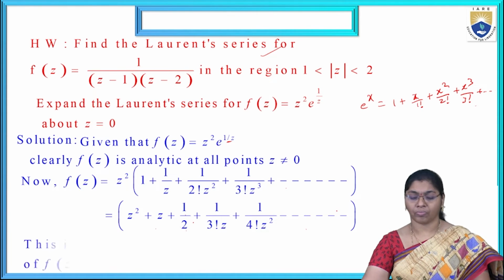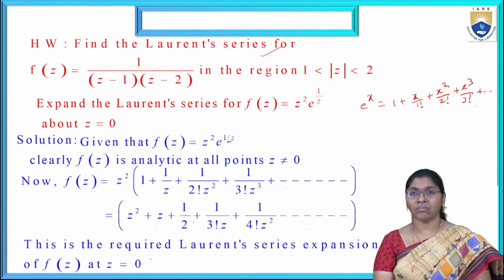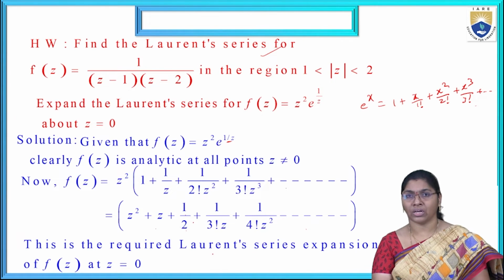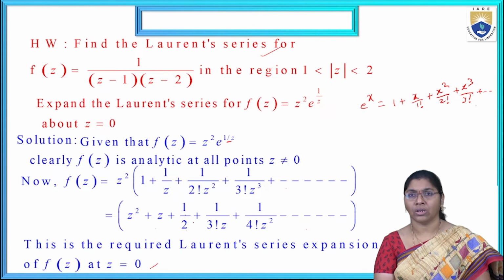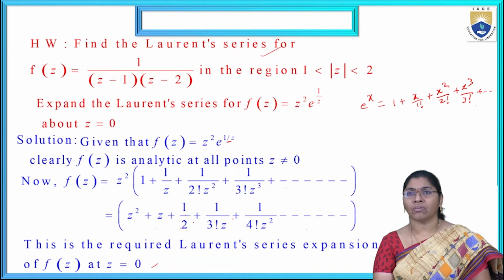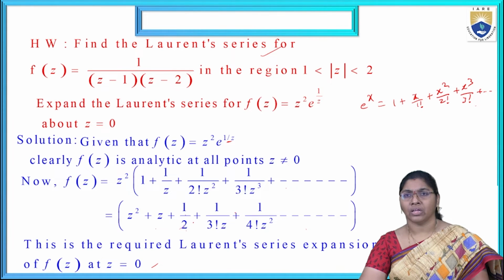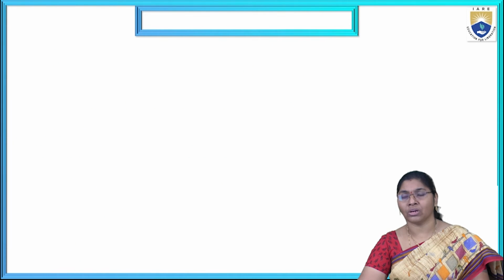Continuing this process, this is the required Laurent series expansion of f of z at z equal to 0. If it is z equal to 0, this term is 0 and this term is infinity, so we get only 1 by 2. Something plus infinity is infinity in total. That's why compulsorily at z equal to 0 we are considering the Laurent series expansion.